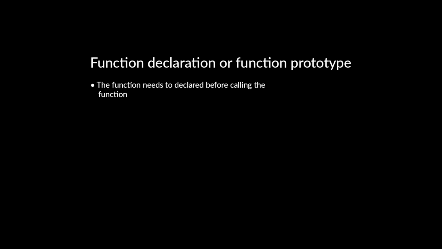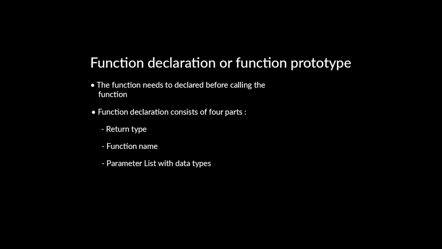The function declaration part actually consists of four parts. The four parts are return type, function name, parameter list with the data types, and finally the terminating semicolon. Let us look at the syntax of the function declaration.